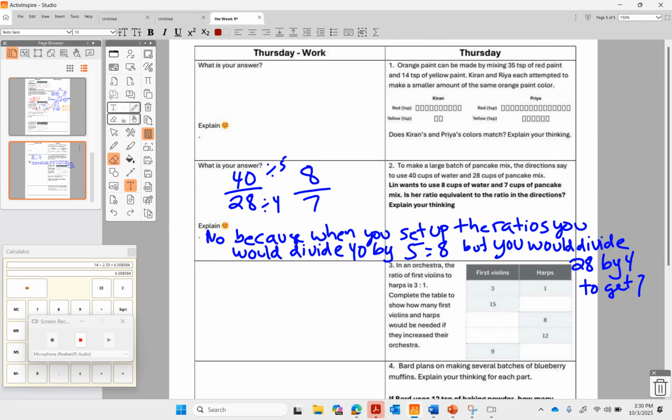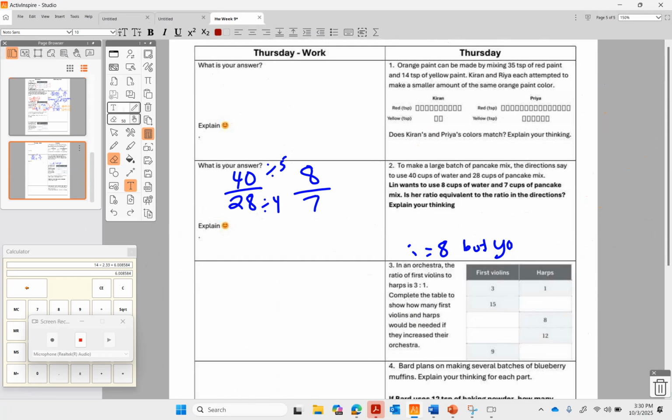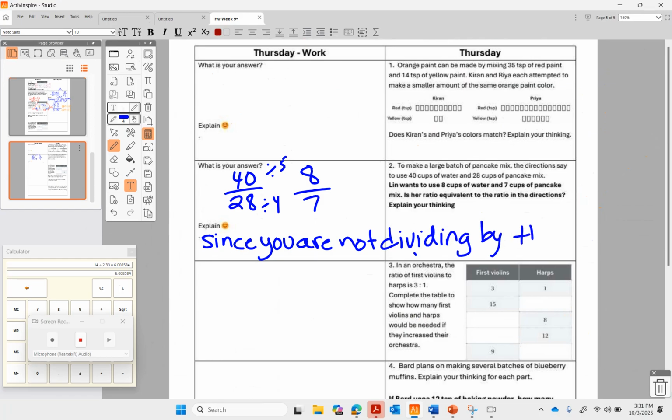So let me erase some of this. Okay. So since you are not dividing by the same number, it's not equivalent.